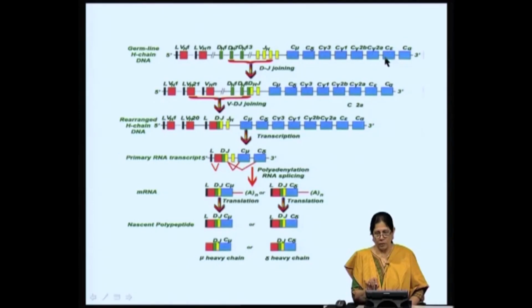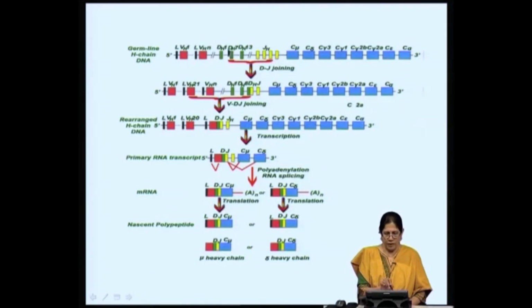Then immunoglobulin E and immunoglobulin A. All of these have a very specific orientation. These are separated by the variable region by intervening sequences.